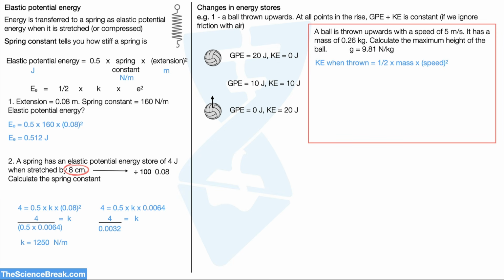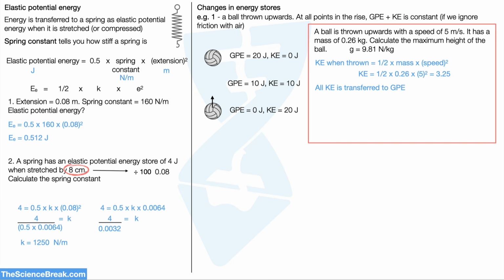And we can start off by looking at the kinetic energy when the ball is thrown. That would be half times mass times speed squared. And therefore, if we substitute in the values, half times 0.26 times 5 squared, and those values come from the question, gives us 3.25 joules. All the kinetic energy is transferred to GPE, or gravitational potential energy.